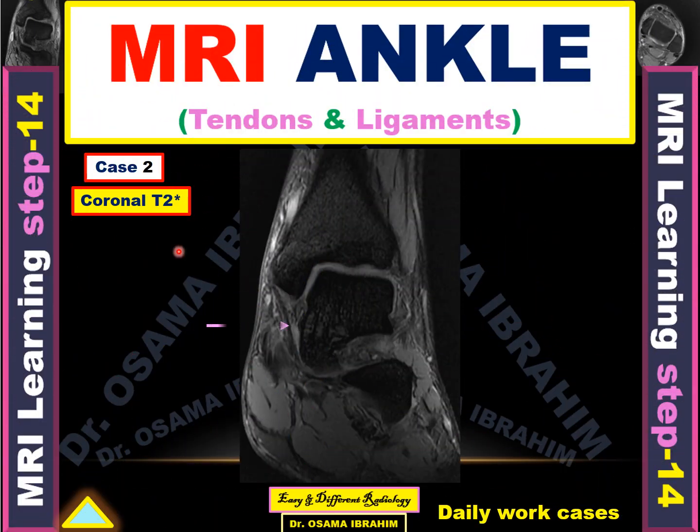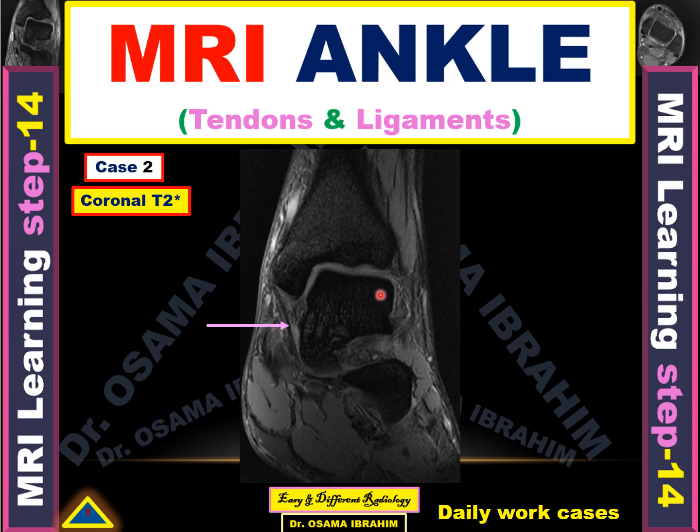Next, this is a coronal T2 star image, and this arrow represents which structure? As you see here, this is the tibia and this is the tibial plafond. So this is the medial malleolus, and the tibia articulating with the talus.